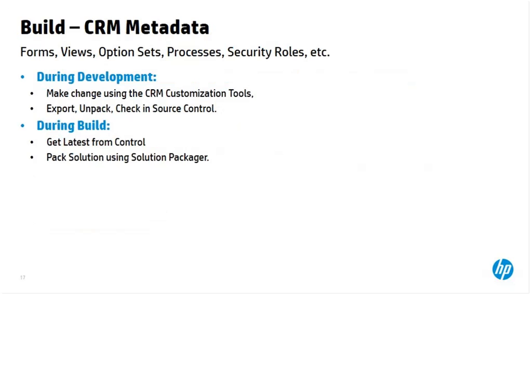During a build, we get the latest definitions from source control, and then we pack them into a solution using the solution packager. The output of this pack operation is then our solution, or deployment package in more general terms, that we're going to deploy to downstream environments.